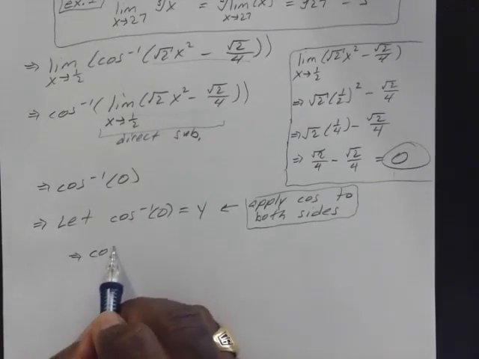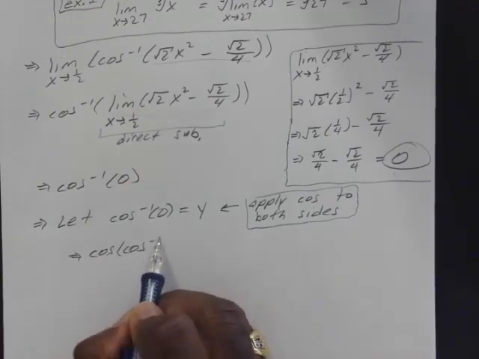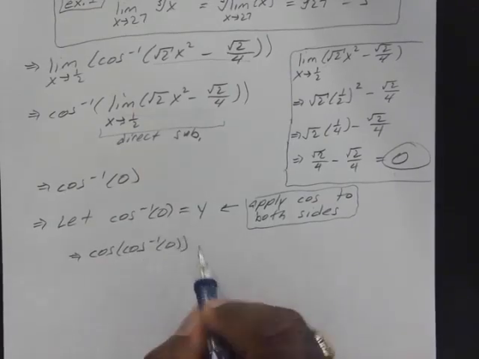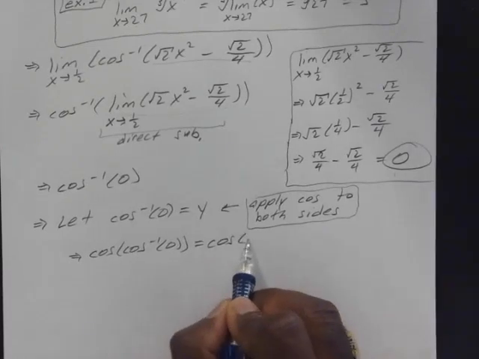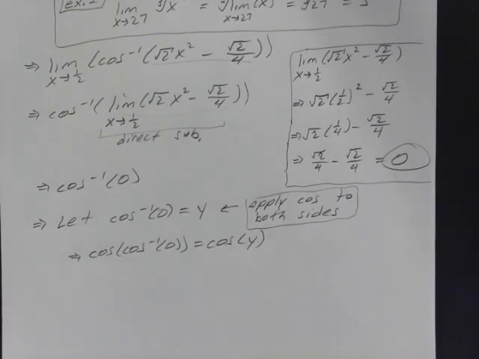So that gives us cosine of cosine inverse of 0 is equal to cosine of y. And since the cosine function and the cosine inverse functions are inverses of each other, we know that their composition cancels each other out.